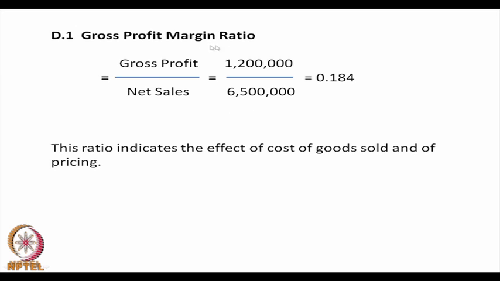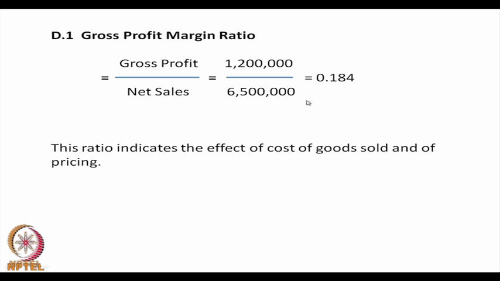First is gross profit margin ratio, or just gross profit margin. It is gross profit by net sales. Net sales for us was 6,500,000, gross profit was 1,200,000. The ratio is 0.184 or 18.4%.